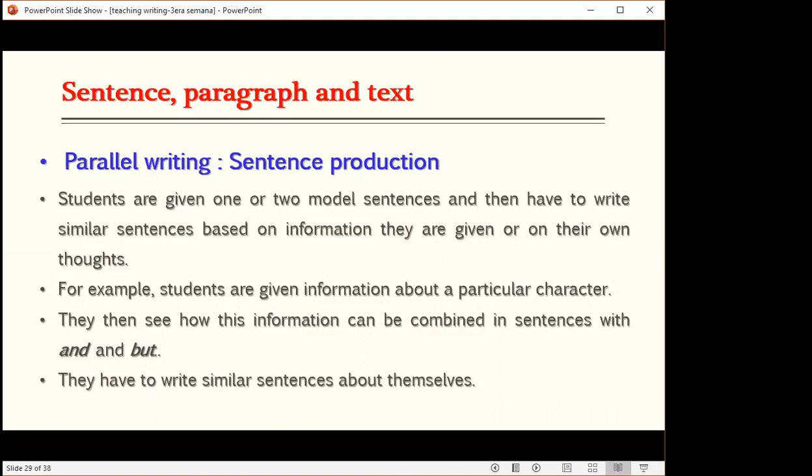Here you can also reinforce cohesion, because they need to use and or but, similar to the example sentences you gave them. So this is called parallel writing.